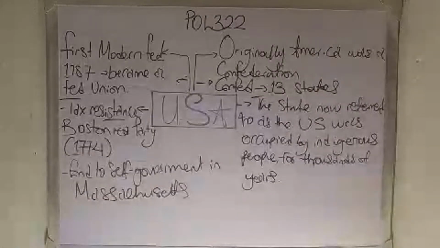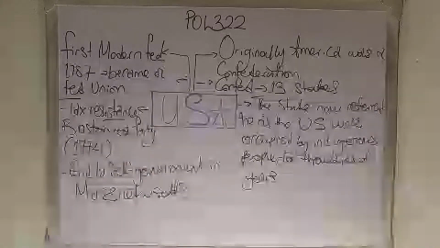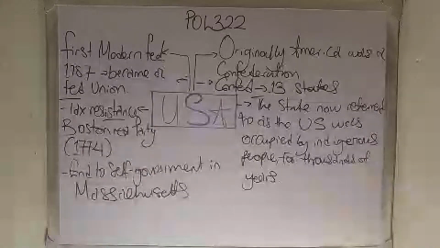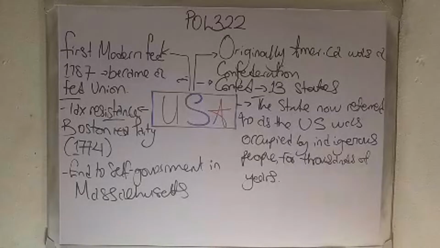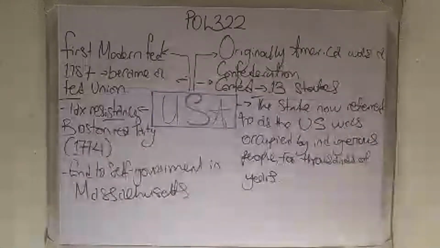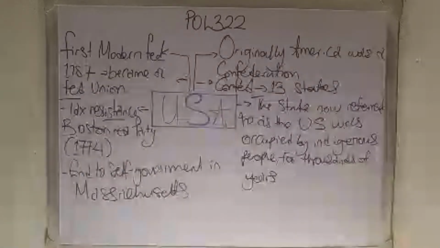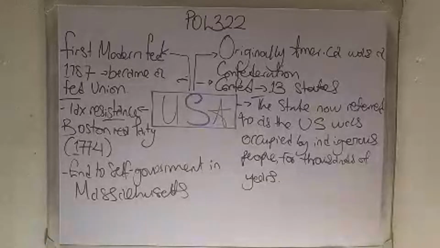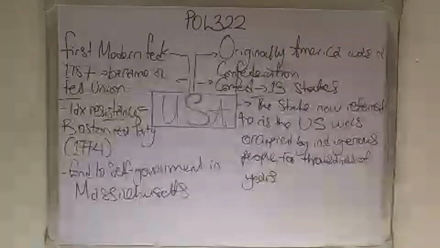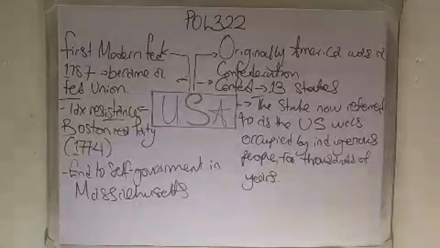We have the independently elected president heading the executive branch, and we have the Supreme Court heading the judicial branch, just like in Nigeria here, where we have the legislature, the executive, and the judiciary. So we have that.